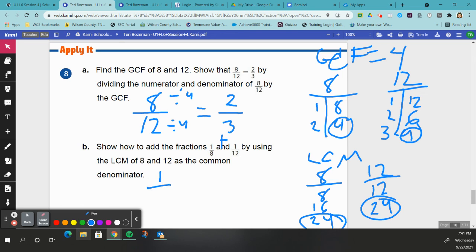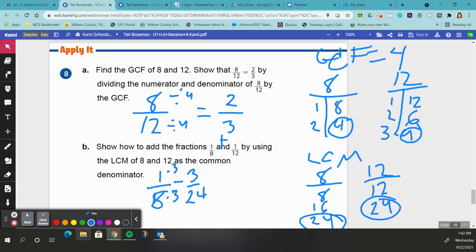So then I can convert my fractions. I would convert 1/8 to 24ths. 8 times 3 is 24. If you do that to the bottom, you do that to the top. 1 times 3 is 3.